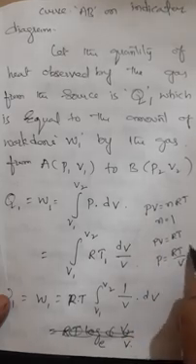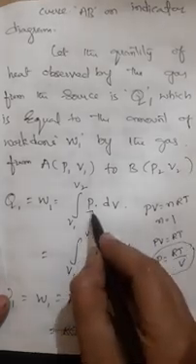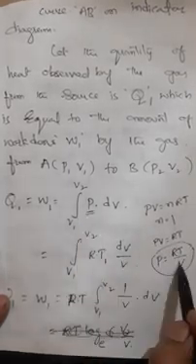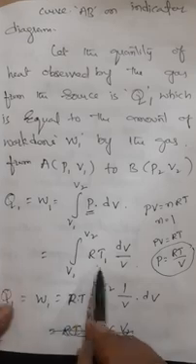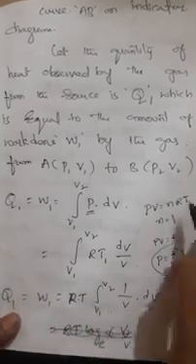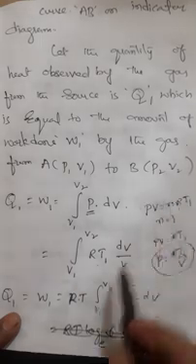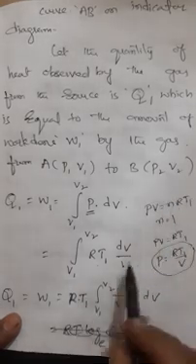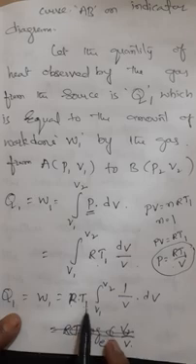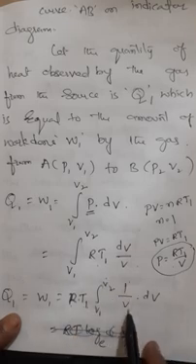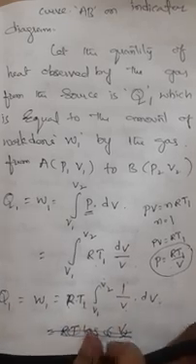Substituting this value of P in the equation, with temperature T1, since this is the ideal gas equation, we can take RT1 outside, then the integral from V1 to V2 of 1 by V dV.